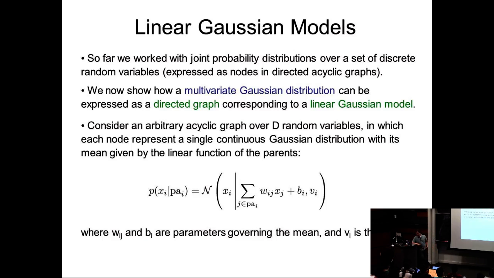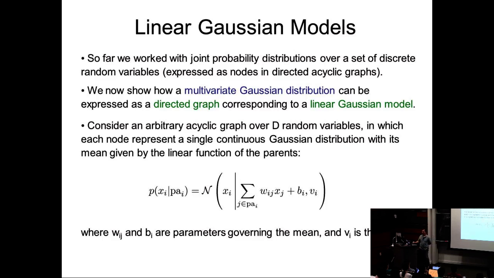So let's say we have an arbitrary acyclic graph over d random variables in which each node represents a single continuous Gaussian distribution with mean given by a linear combination of the parents. So here's what I'm going to say: the distribution of x_i conditioned on the parents in my graph is going to be given by a weighted average of my parents plus some bias term, that's going to be my mean, and then there's going to be a variance.